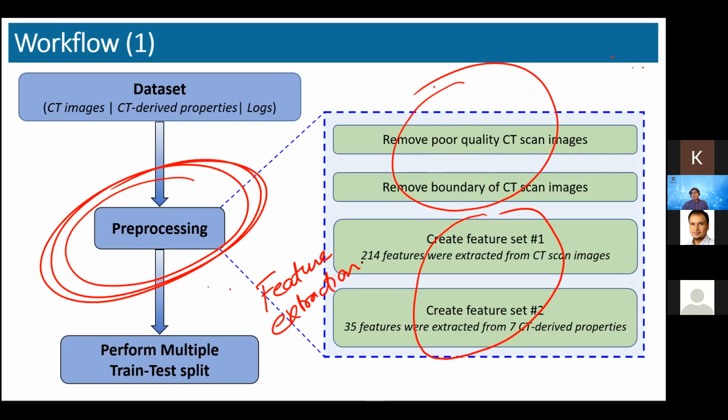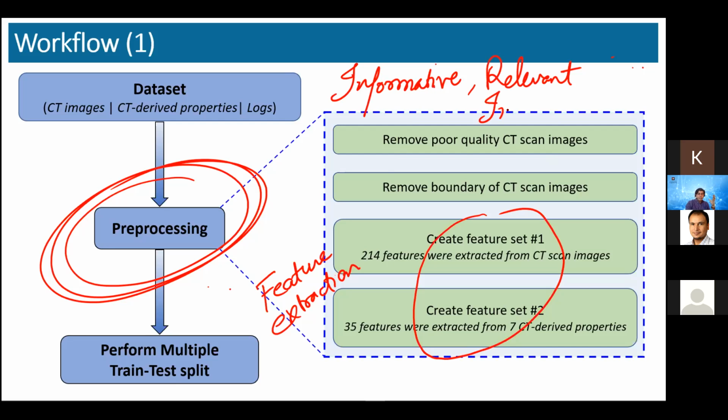To the best of my knowledge, without feature extraction, you cannot do anything. Raw data will never solve your problem. As I always mention, you have to generate features that are informative, relevant, and independent.